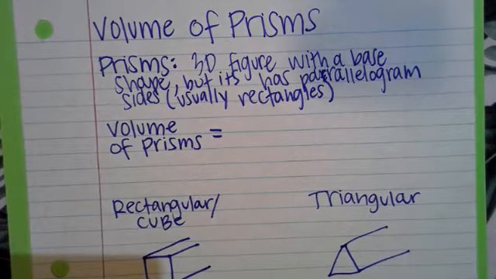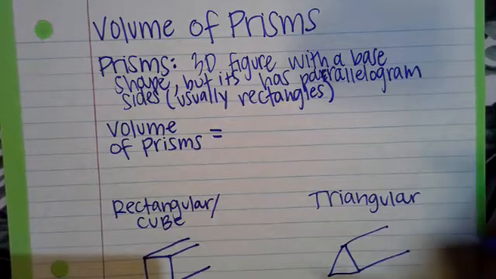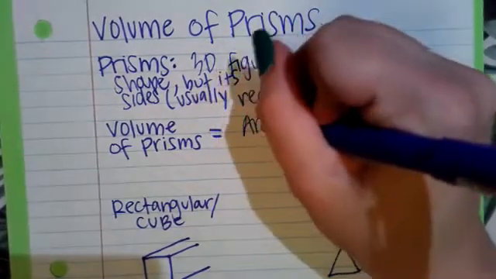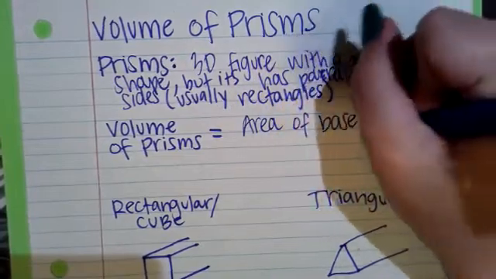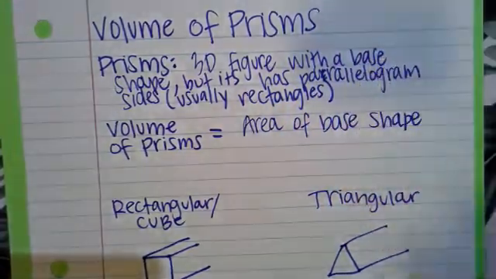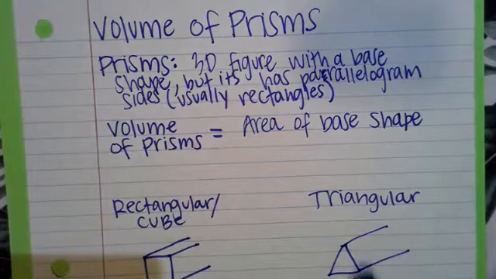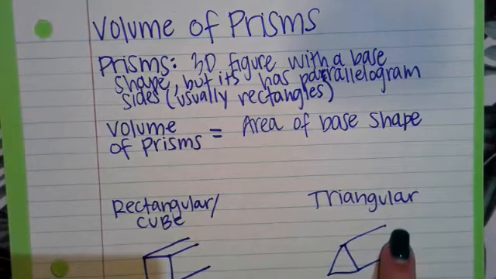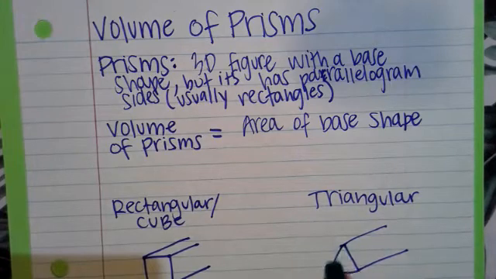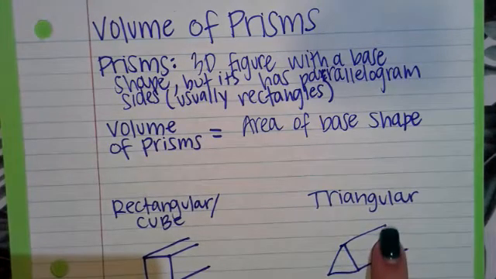But the way we find the volume of any prism is we take the area of the base shape. The base shape could be right in the front. We could think about it as the front shape and the back shape of a figure. So in the triangular prism, the front shape's a triangle, the back shape's a triangle.